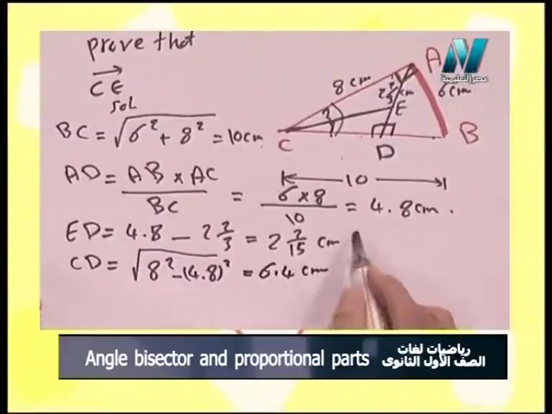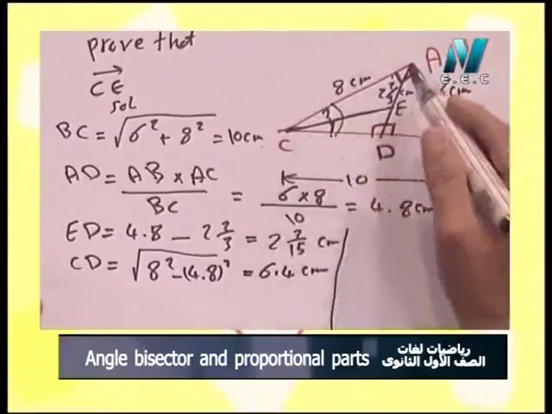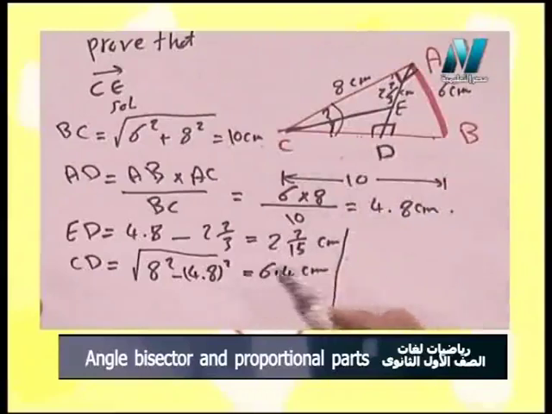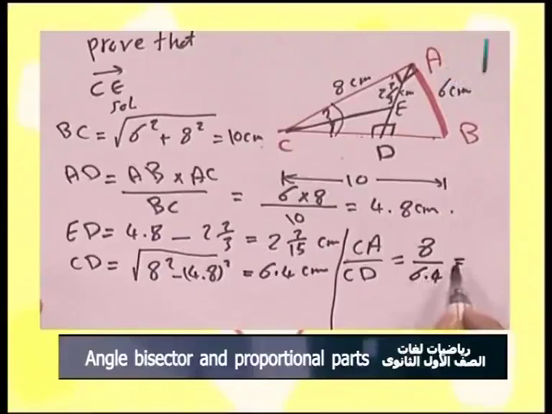Okay, and we'll try to find CA over CD. CA over CD equals 8 over 6.4, and the answer will be 5 over 4.